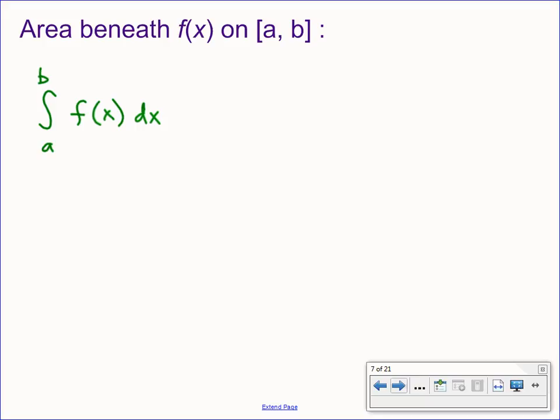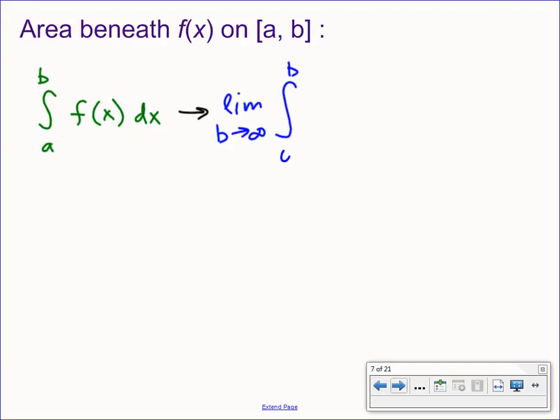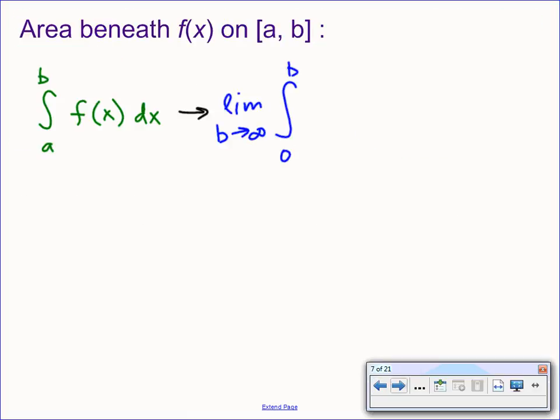So we're going to use this as a starting point, but we really want that b to go to infinity. So we're going to do the limit as b goes to infinity of, and in the first quadrant, we'll allow it to start at x equals 0. So we know that one. That's no problem. From 0 to b. And my f of x was e to the negative x over 2 with respect to x.